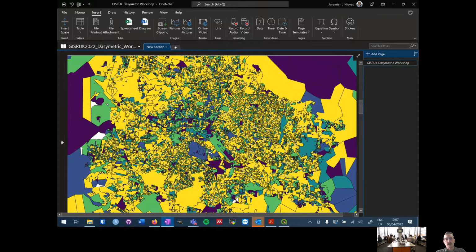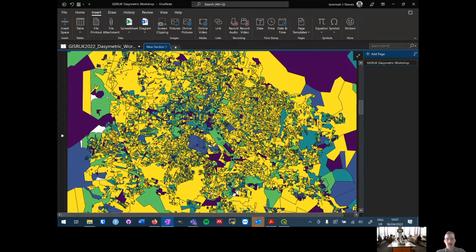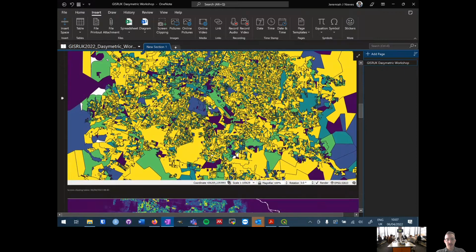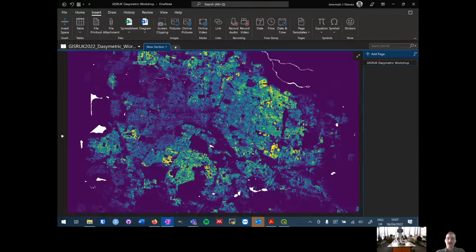And even with this, we don't know about the heterogeneity of where population is within this area. So the idea is, how do we go from something like this, which is relatively coarse, to something like this, which is much finer? This here is a raster data set on the bottom as opposed to vector, where each pixel in this case represents 25 by 25 meters on the ground.